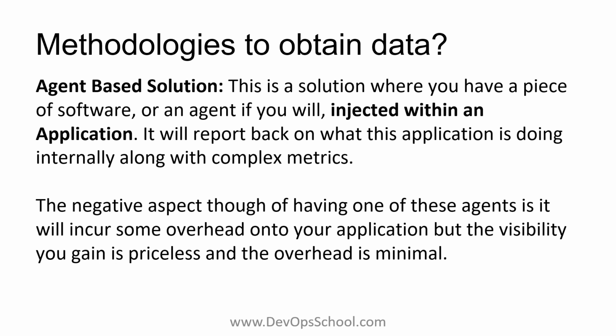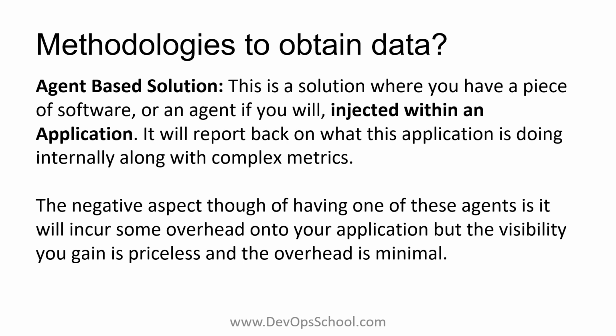When I say Java application, Java agent, .NET application, .NET agent, or different. This agent is not an infra agent, which runs on the server level, host level, operating system level. This agent will be running inside your code, inside your runtime.